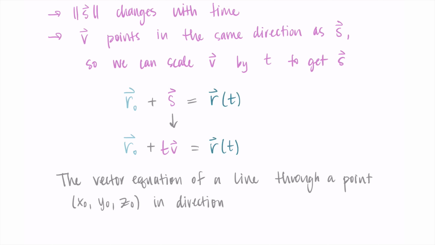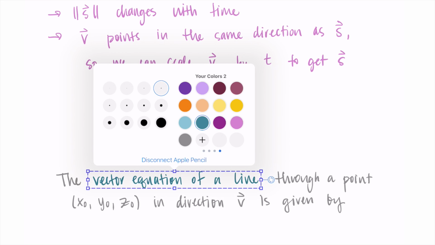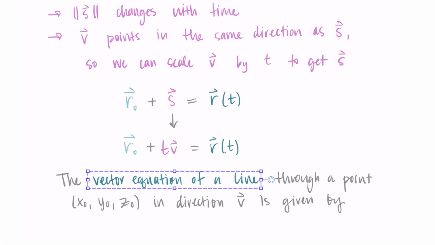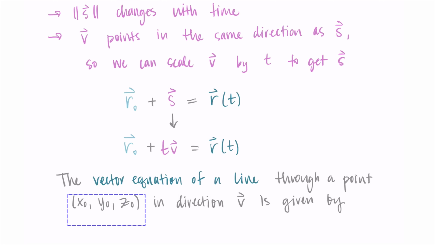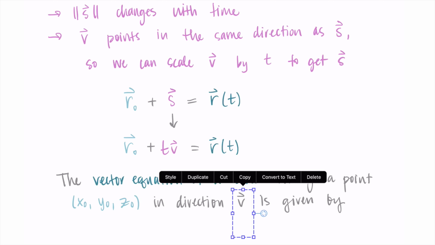This is just me repeating that information we started with. This is given by the following formula. So what we're defining here is the equation of the line. We're going to represent it with r of t, and then we were given this point, and then we have a direction vector v.